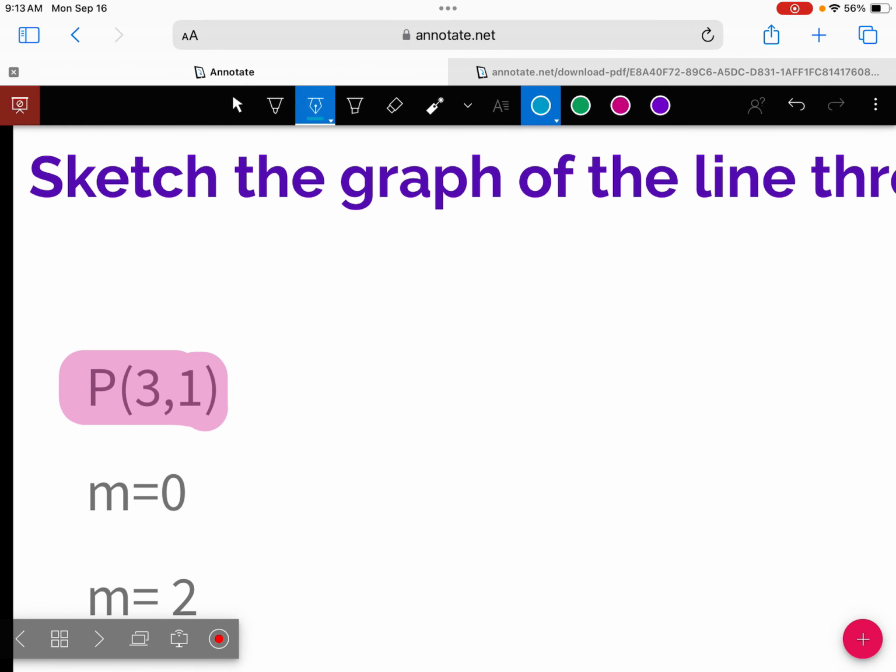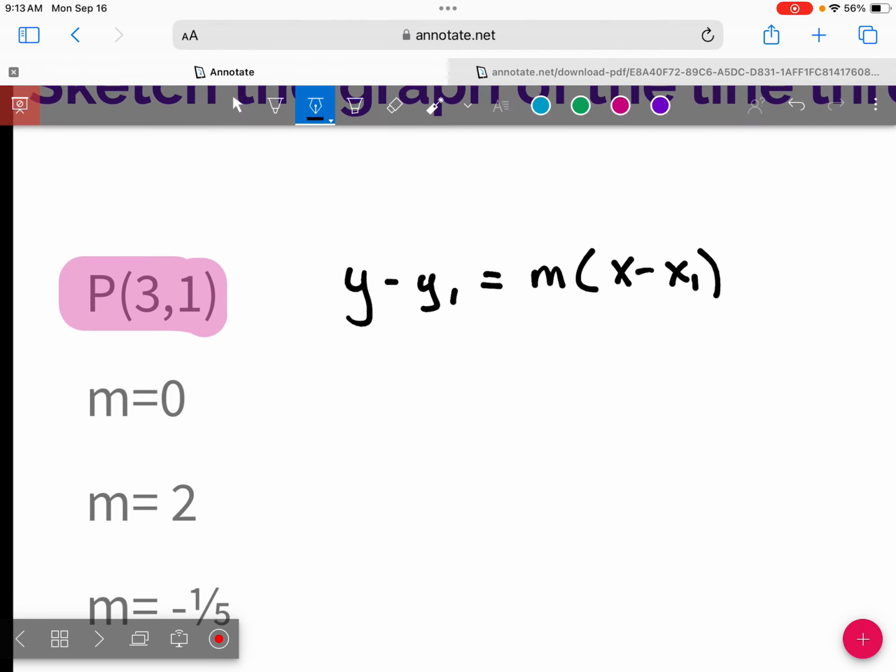Our point-slope form is y minus y1 equals m times x minus x1. So if I was to write this first one, m of 0, I have a slope and I have a point, so I can write the equation.